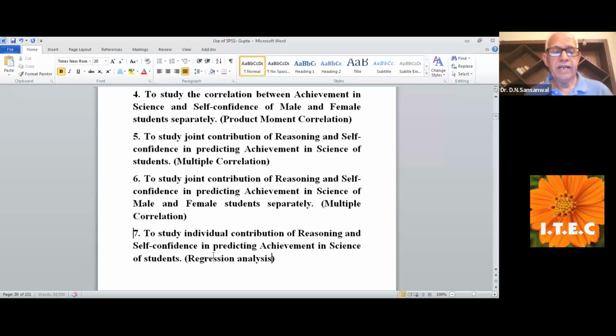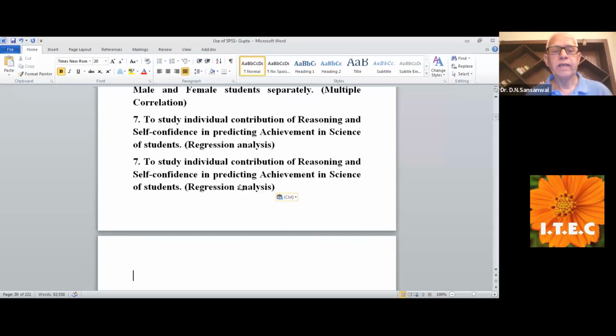I can write another one: to study individual contribution of reasoning and self-confidence in predicting achievement in science of male and female students separately.